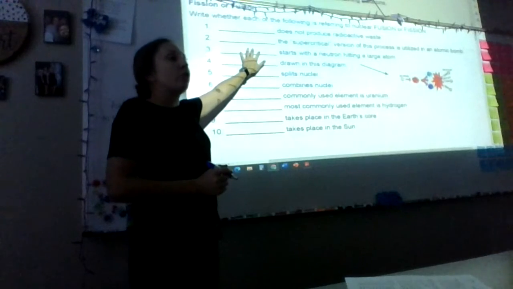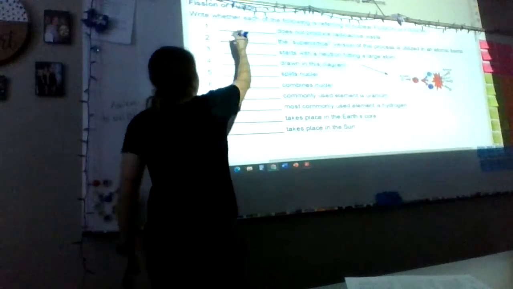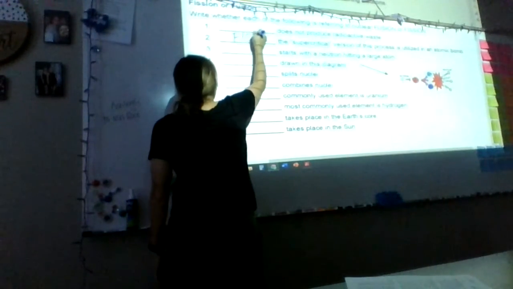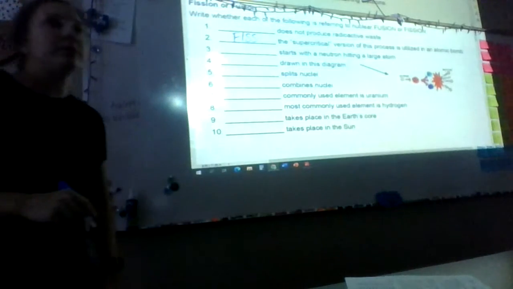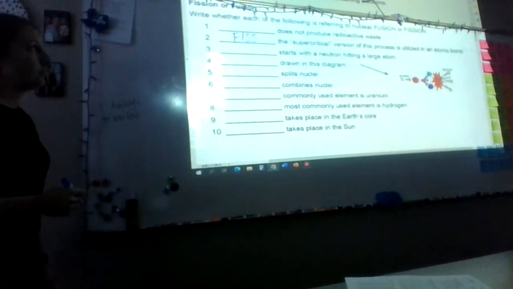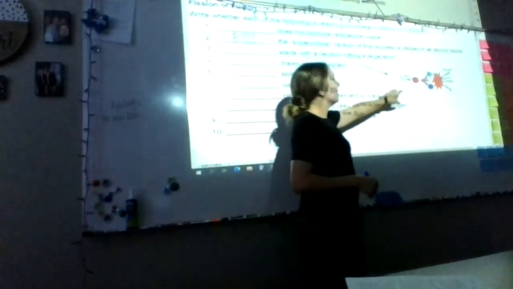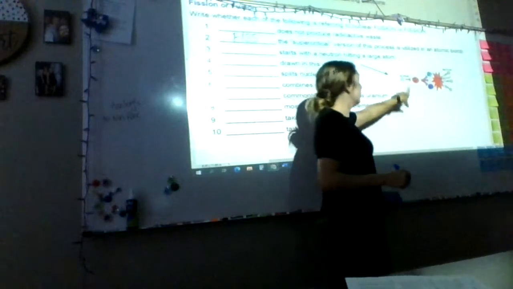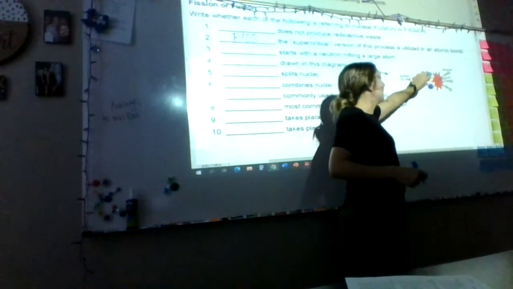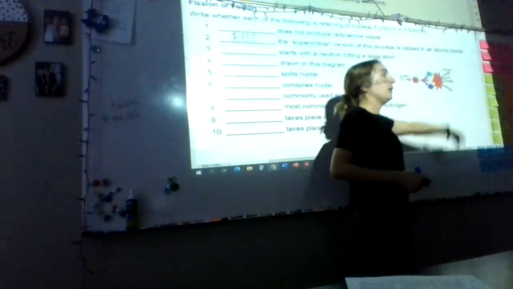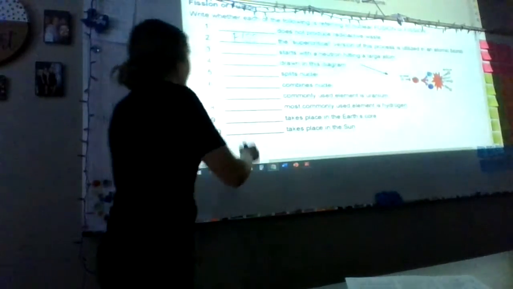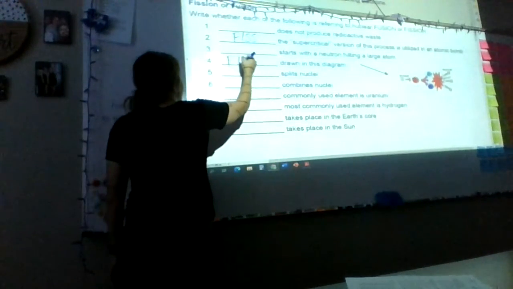Would that be fission or fusion? Fission. So number 2, I'm going to write FISS for fission. Number 4. Which one is drawn in this diagram? I know the diagram is black and white on yours, but there's a neutron hitting uranium and then it splits. Lots of energy. Fission, yes. Number 4 is fission.